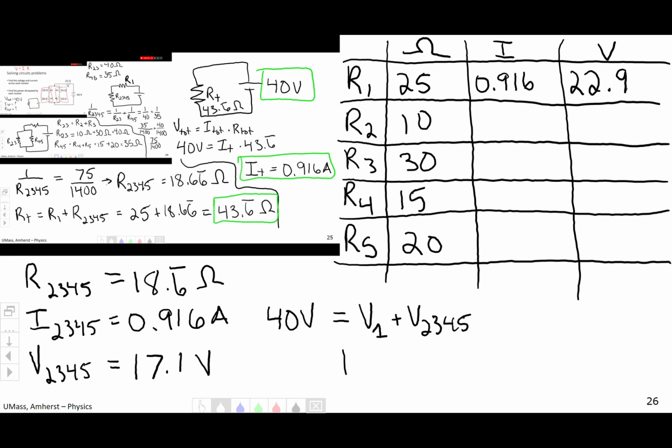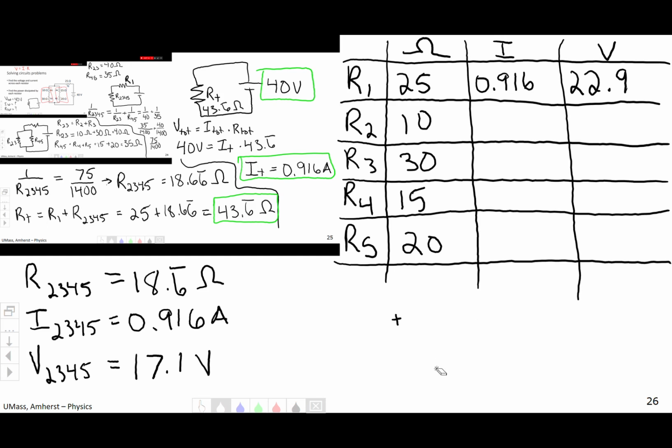That means we have 17.1 plus 22.9, and I'm doing this in my calculator because arithmetic, but we do indeed get 40 volts. So sanity check. We're good, right? We have dropped the correct amount of voltage across the entire circuit. So we're all set with that.